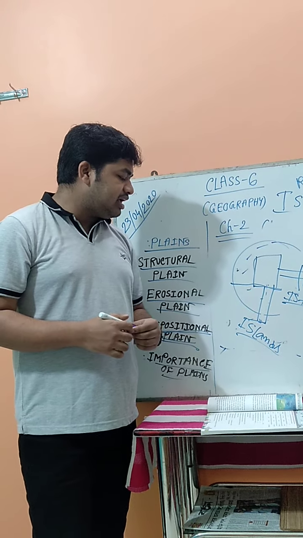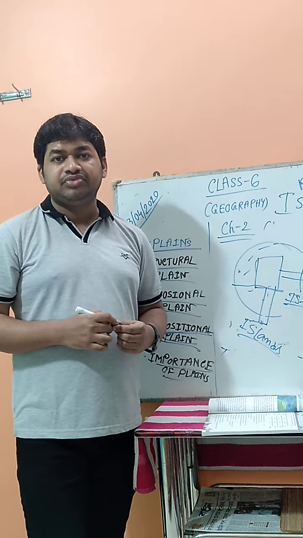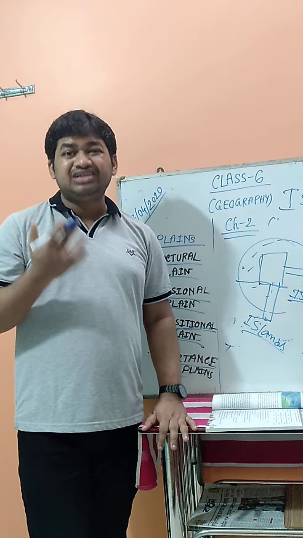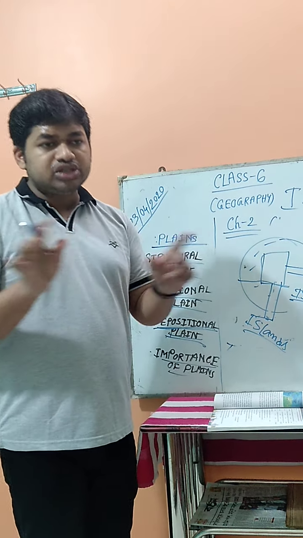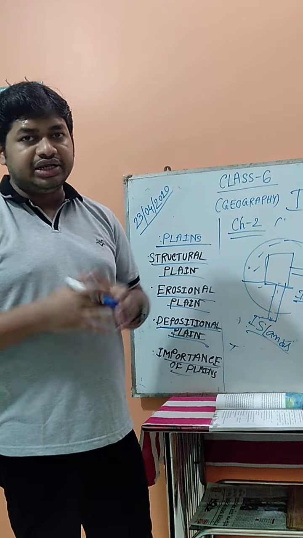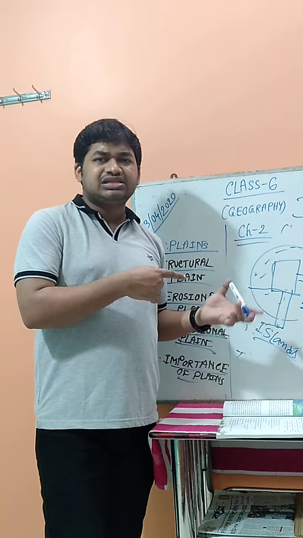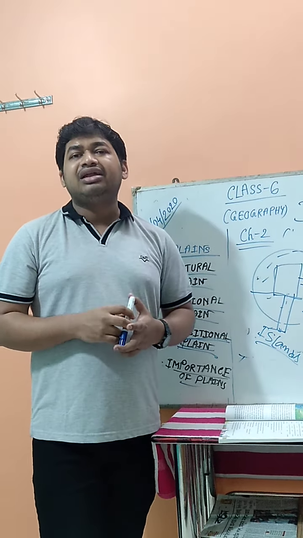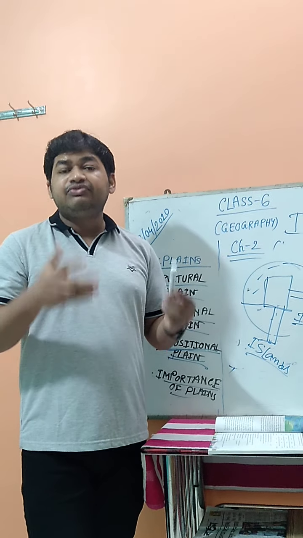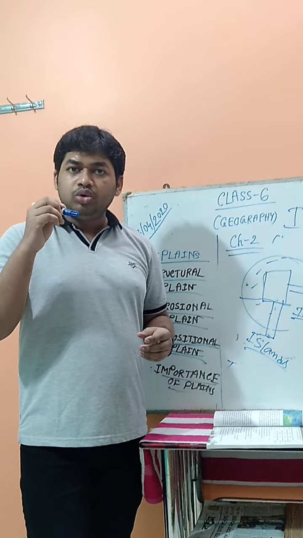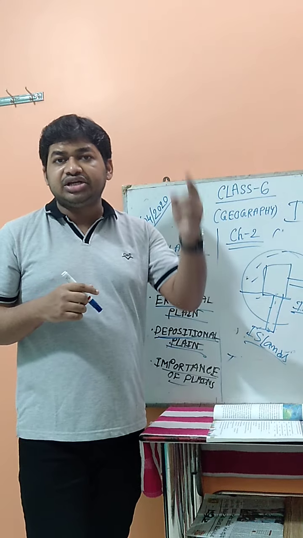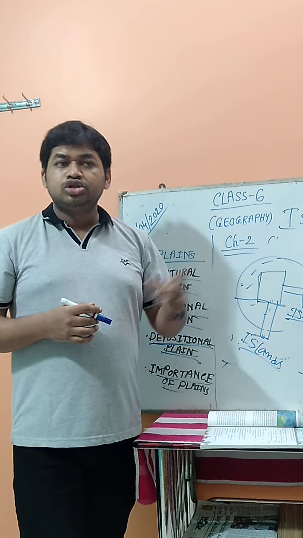The last topic is the impact of geography on history. How are these two subjects related to each other? In the first chapter of history you also read about River Valley Civilization, and which civilization is located beside which river. How do you know the river name?